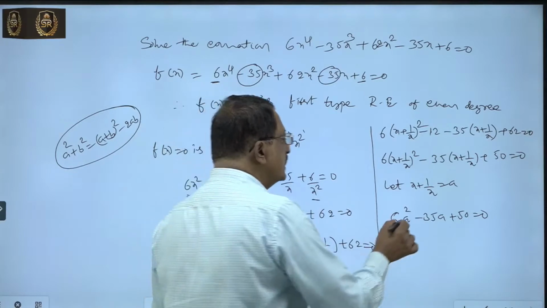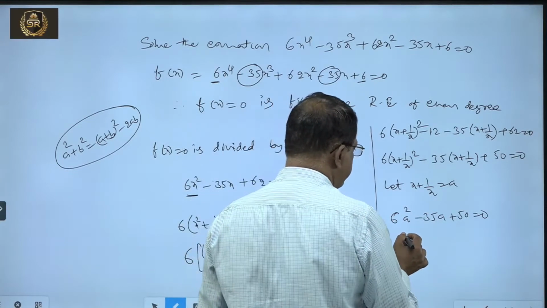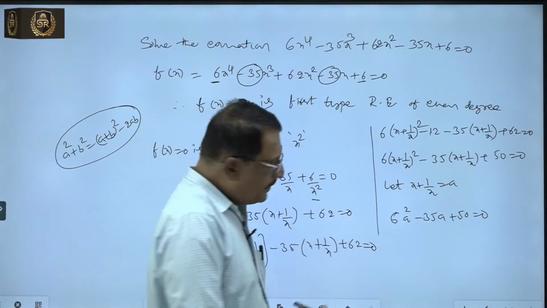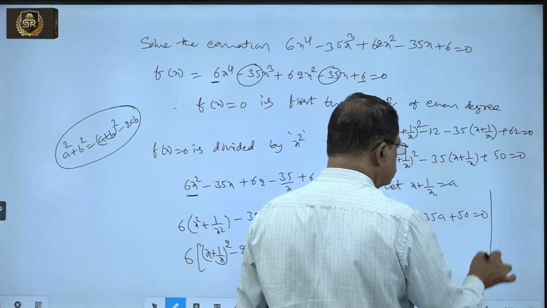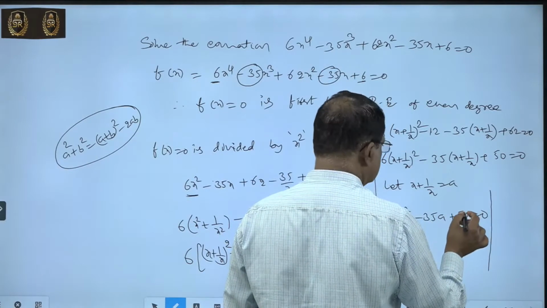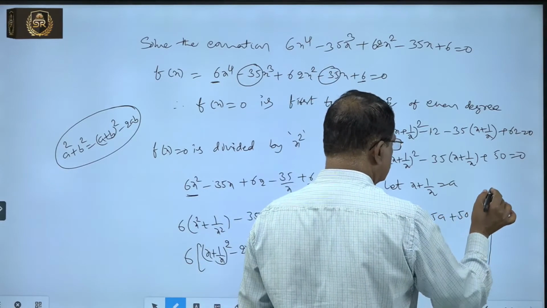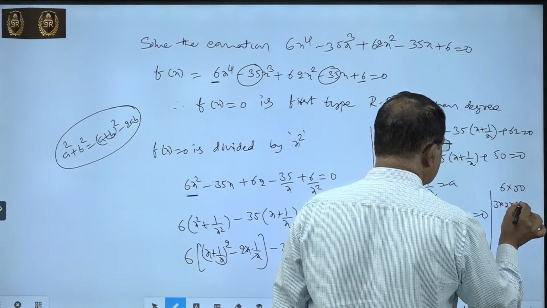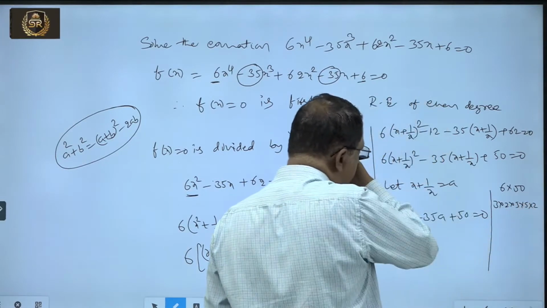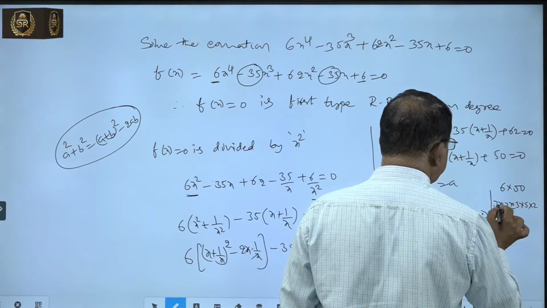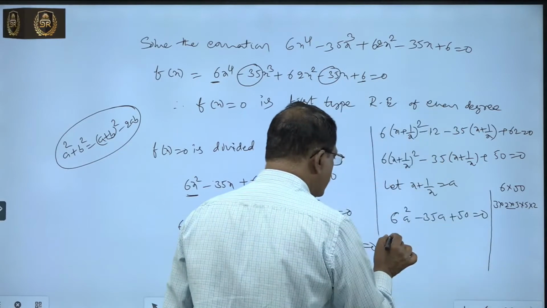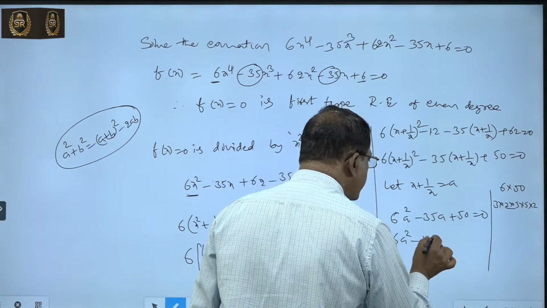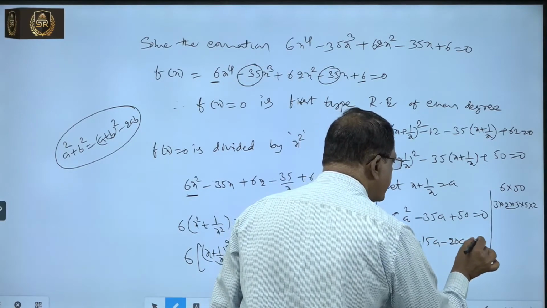Now, required roots of this equation. 6a square minus 15a minus 20a plus 50 equals 0.